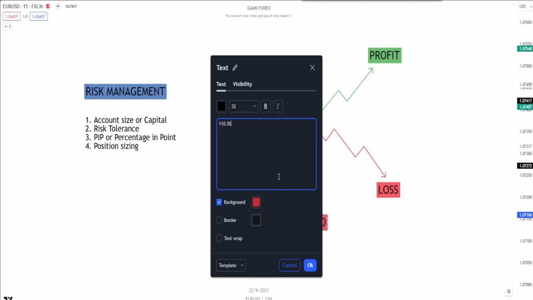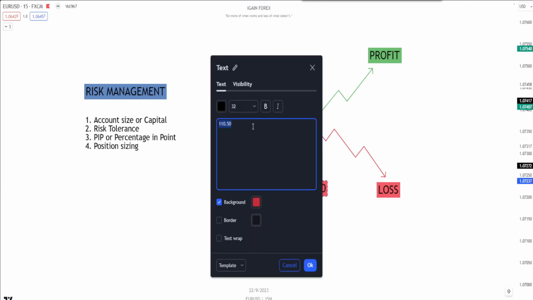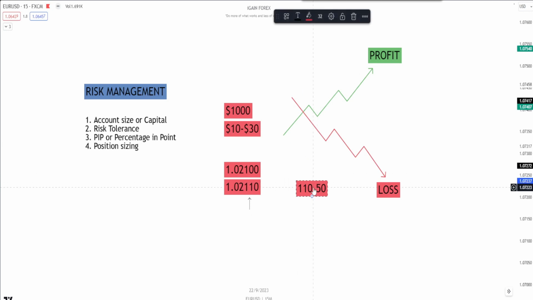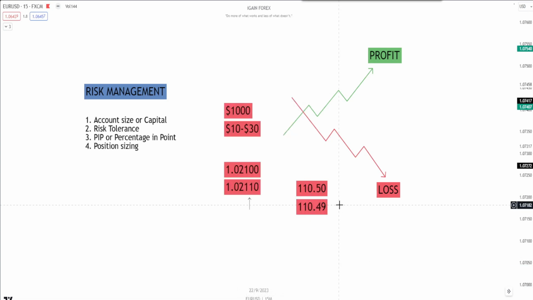Just like I said, in JPY pairs, just two decimal places. So if the new price moves to, let's say, 110.49, it decreased by 1 pip. Okay? So do you understand what a pip is already?